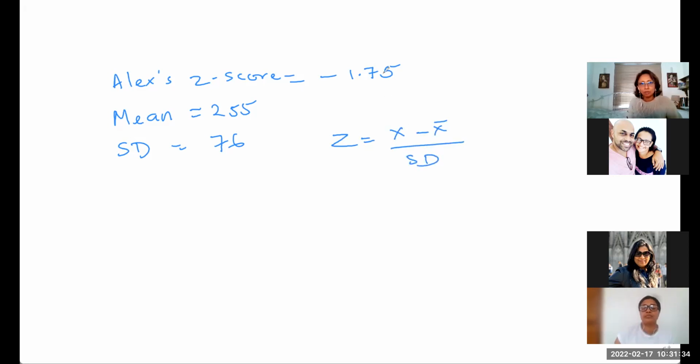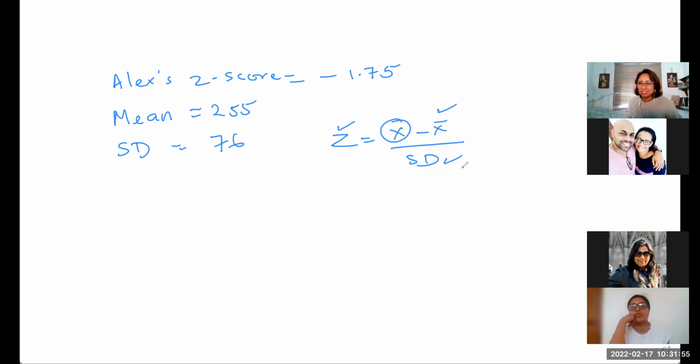Now we have this one, we have this one, we have this one. What we don't have is this one, correct? So we take this X, that's what we are trying to find. We take X to one side of the equation and put everything else on the other side.